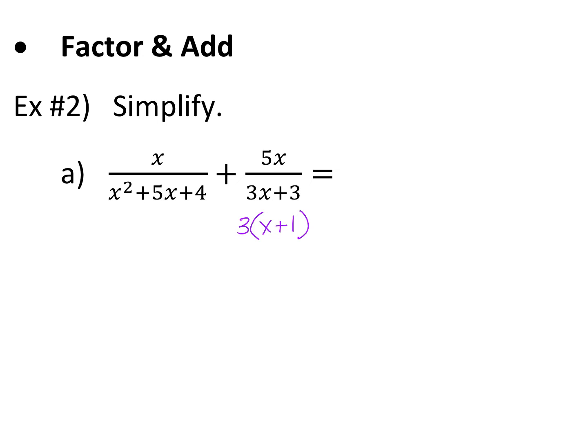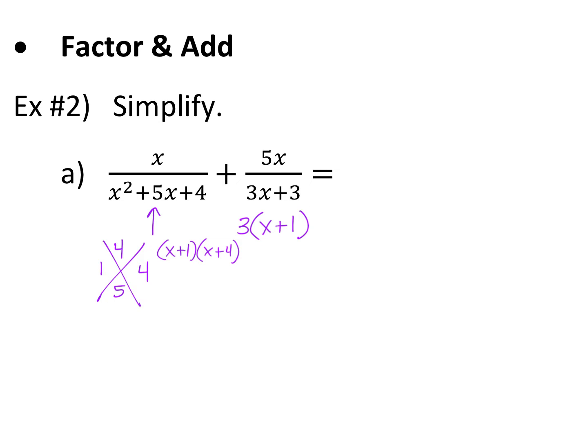Okay, so if we do star method here, we're saying what can you multiply to get 4 that you can add to get 5. So you get 1 times 4, which means we have x plus 1 times x plus 4.